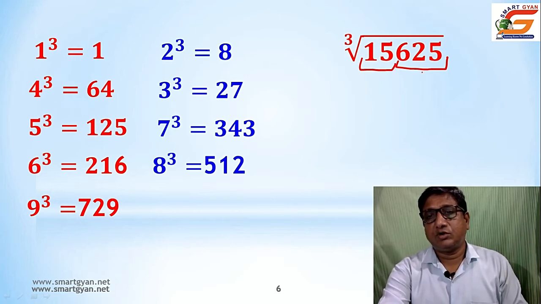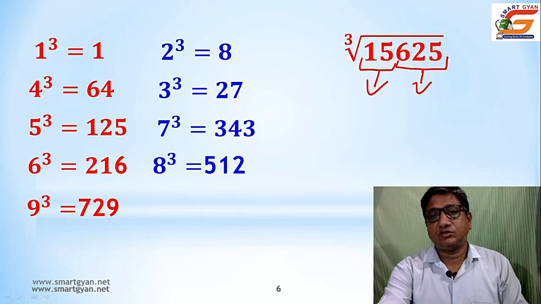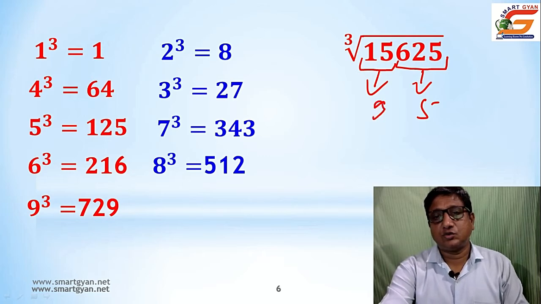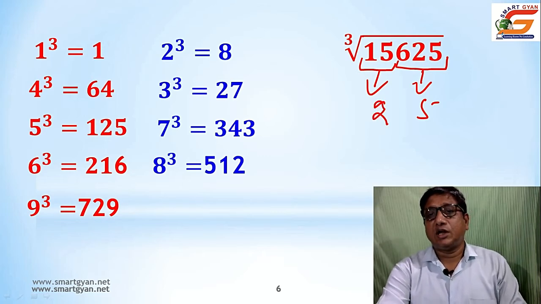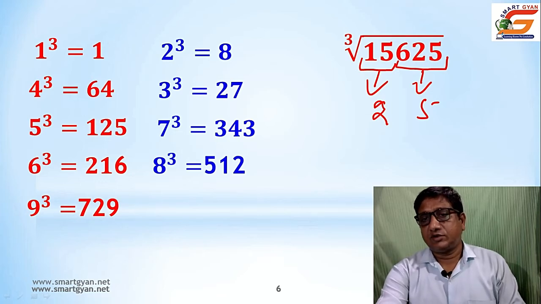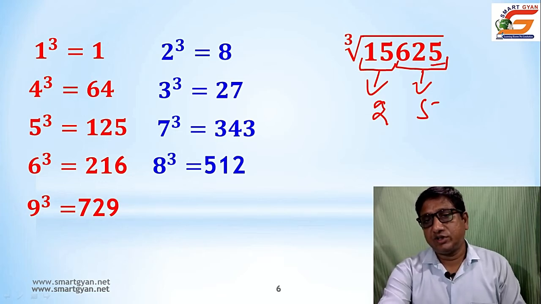Then find one root digit for each group. The root digit for the right part is 5 and for the left part is 2, that is 25. How? For the right part, check the unit digit of the right part. As the unit digit is 5, the root digit is 5.